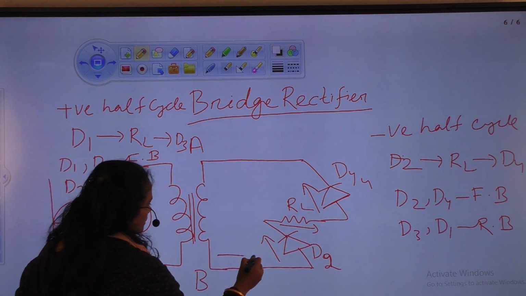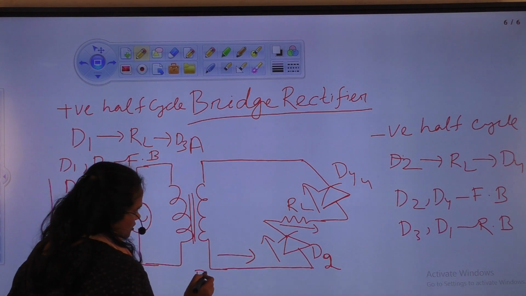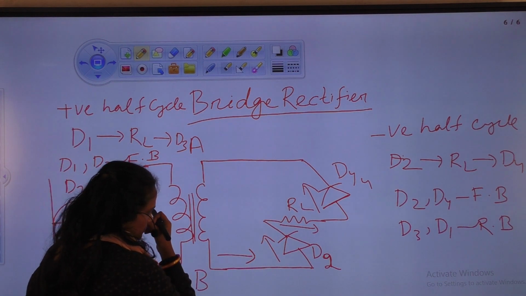Here the current will flow in this direction.